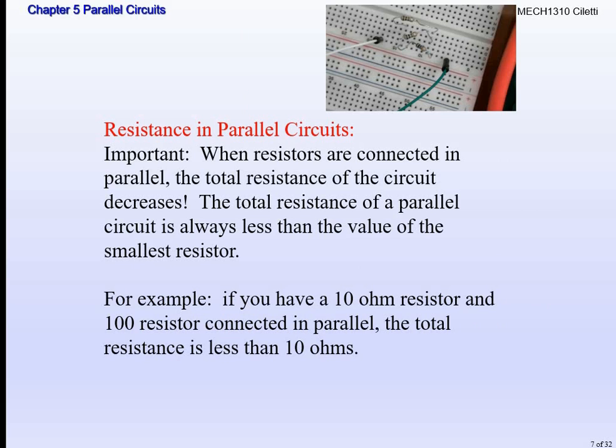We'll get through the examples and we'll touch on that more times so we can see it. So this is just to reiterate: if we have a 10 ohm resistor and a 100 ohm resistor connected in parallel, the total resistance has to be less than 10 ohms. It has to be smaller than that smallest resistor in parallel.